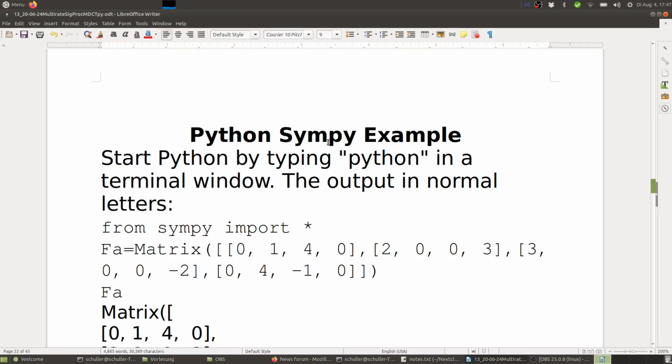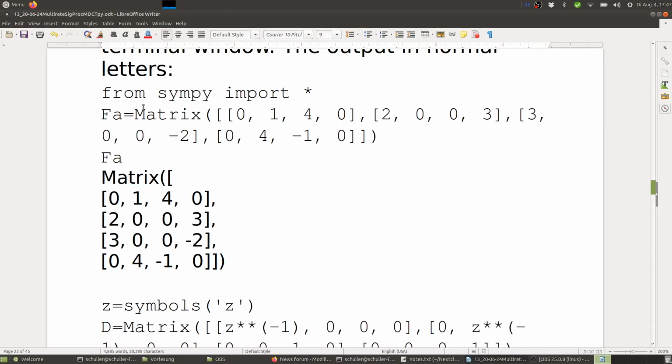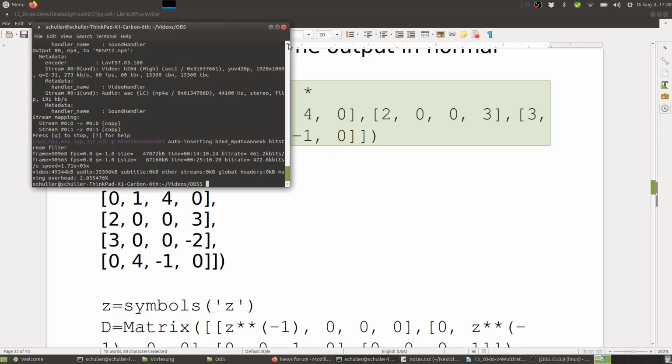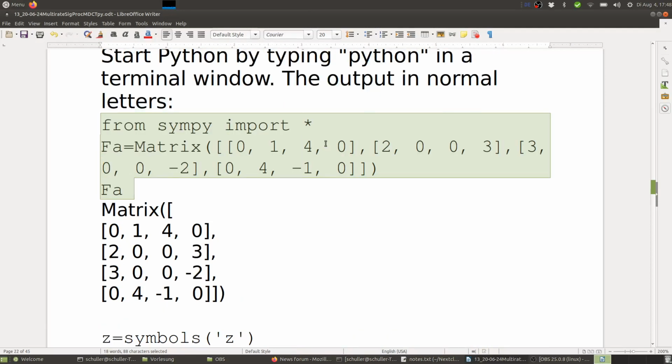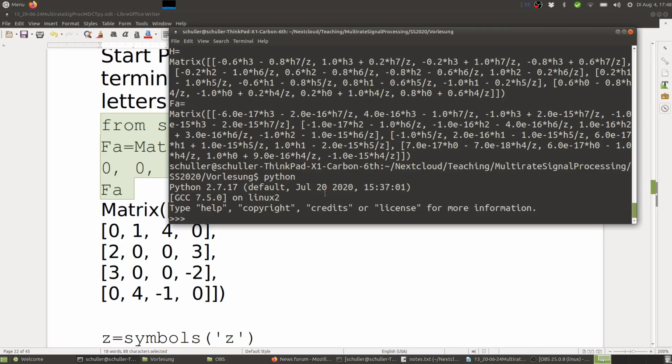So here's a Python SymPy example. Again, we start Python by typing Python in the terminal window, and the output is in normal letters. Here, SymPy, we have our matrix. Copy. So let me go back to Python. Now we're using Python instead of IPython. And I say paste.